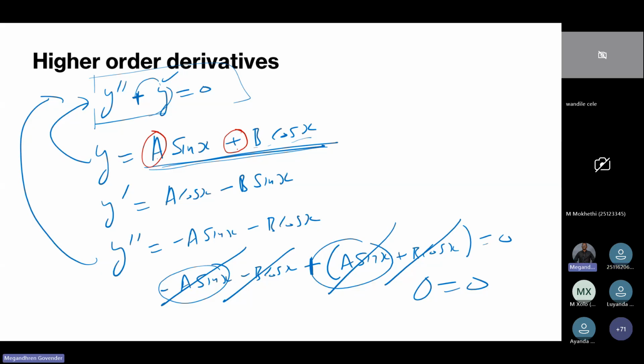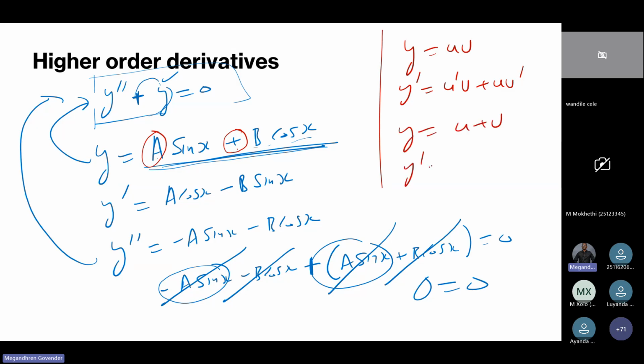Yes, so I know what you're asking. If you've got y equals u times v, I agree, it's u prime v plus u v prime. But if y is equal to u plus v, what's happening there? y prime is u prime plus v prime. Are you happy with that? They're two different things. Yes, I understand. Good, excellent. Any other questions, guys?